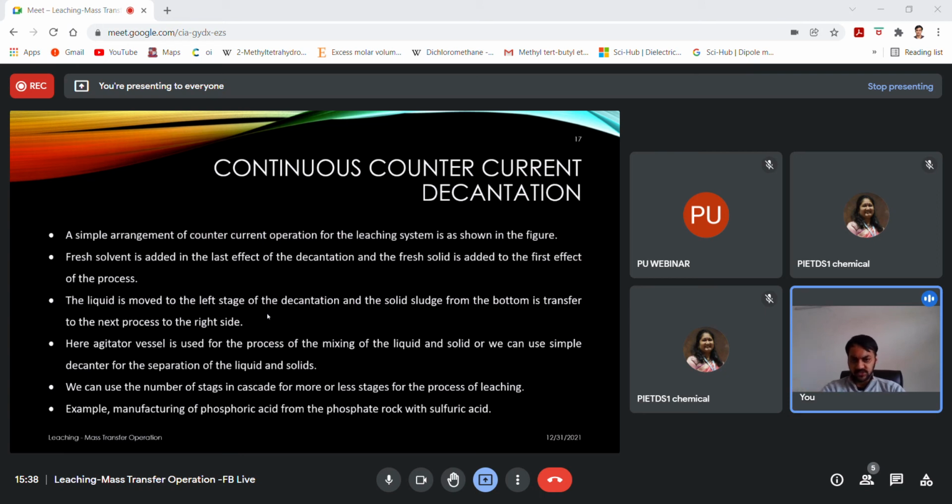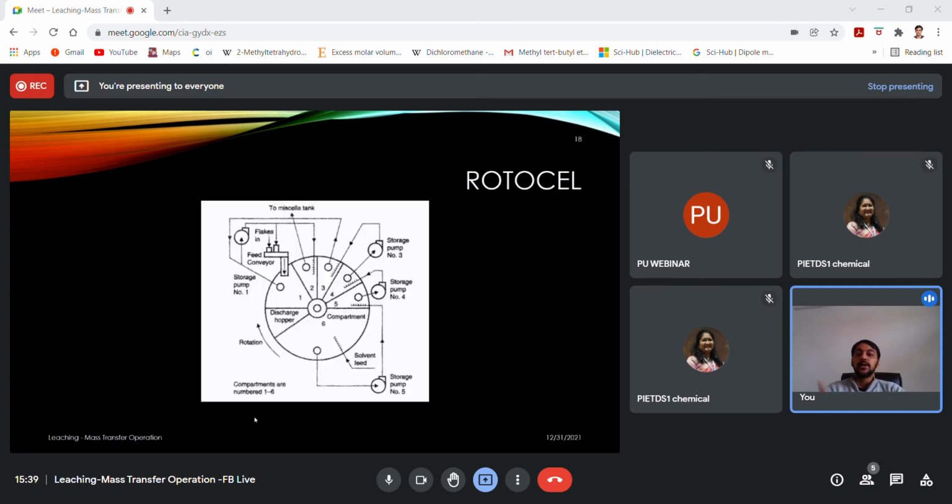So this is the same thing that has been written. For phosphoric acid, from phosphate rock with sulfuric acid, we can use continuous counter current decantation.